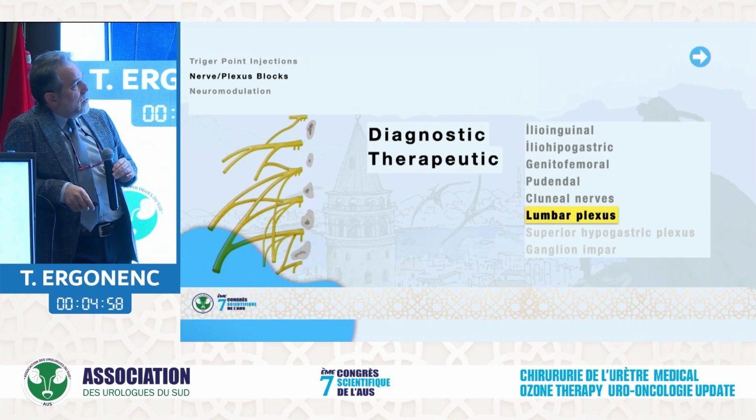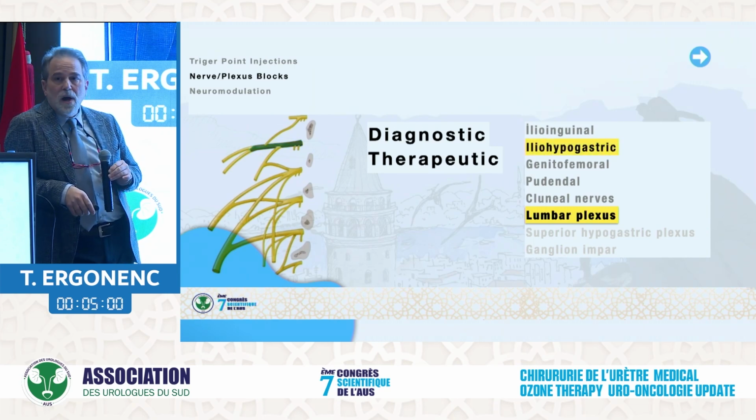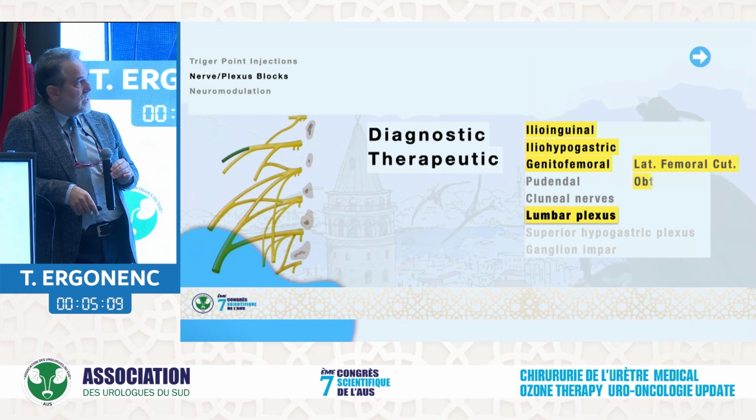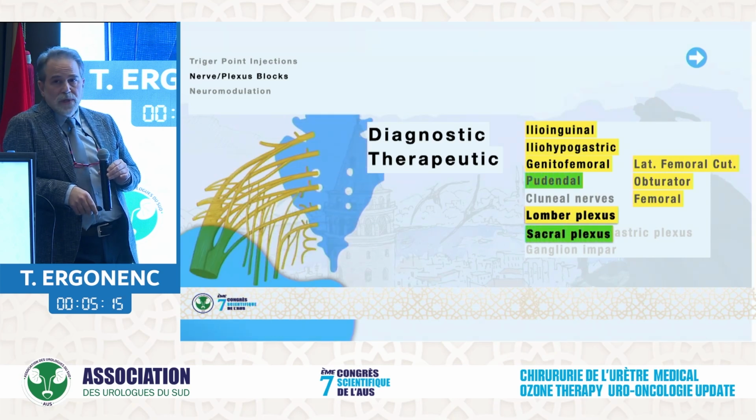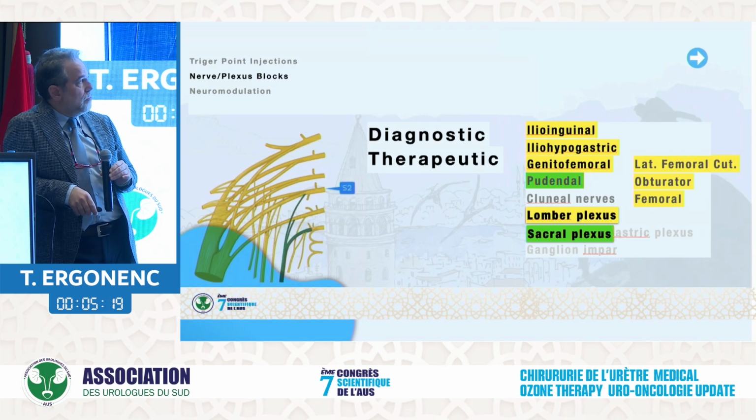You know, the lumbar plexus nerves are very important for pelvic pain. These nerves come from the lumbar plexus. You can see the names of the nerves, and I'm going to show the place. But another important nerve, the pudendal nerve, comes from the sacral plexus.